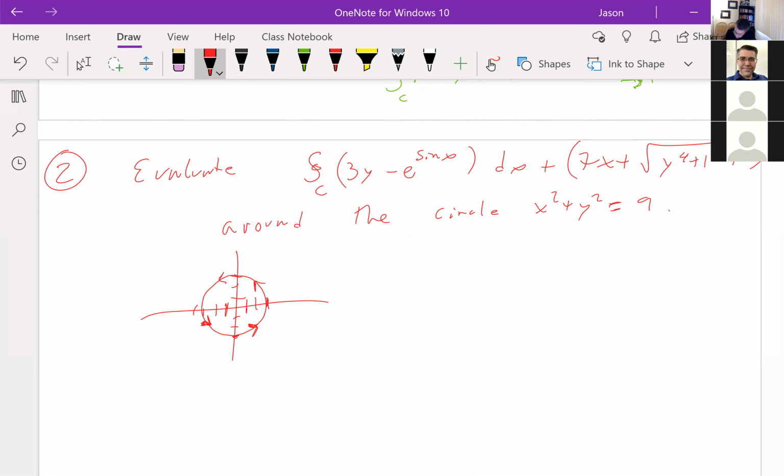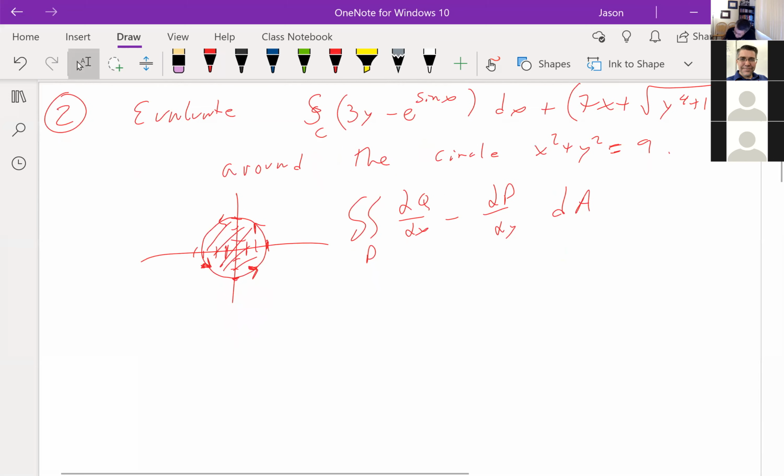Okay. So we're going to say that this thing is going to be dQ/dx minus dP/dy. Okay, double integral over D, that's the area of that circle, dA. Okay, so what is Q?